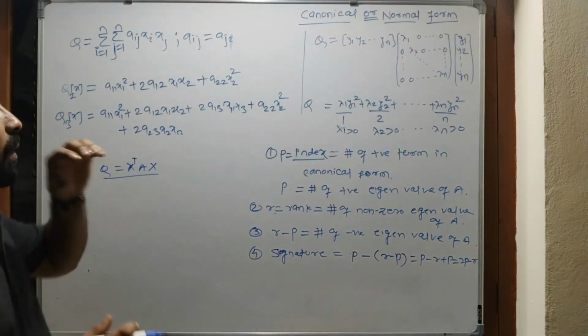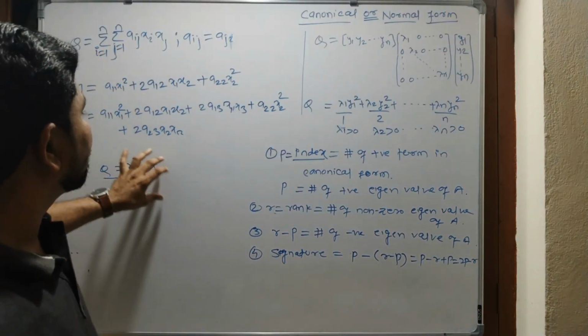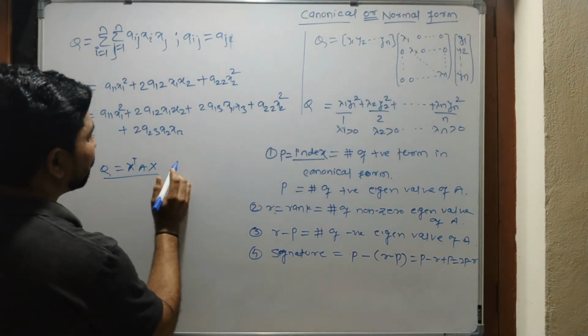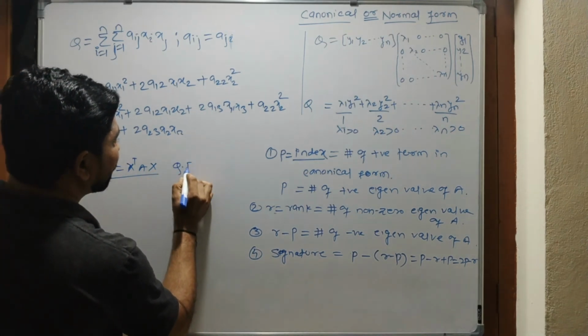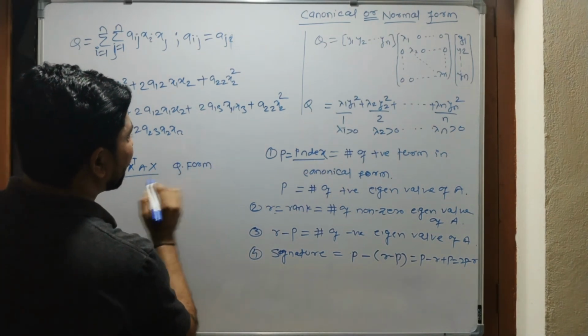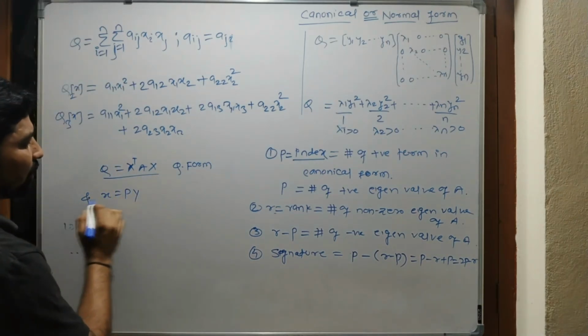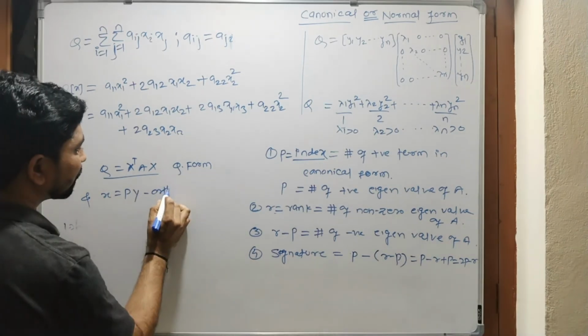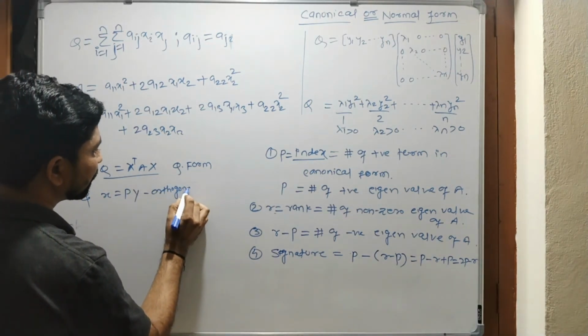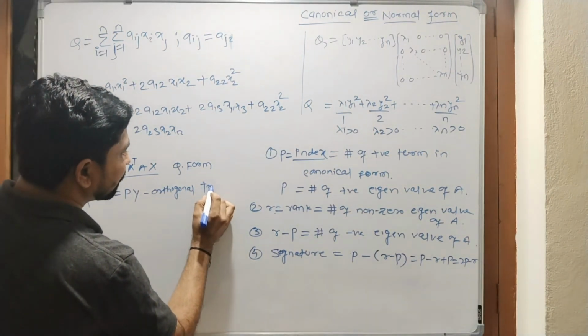Let Q equal to X transpose AX be the quadratic form, and X equal to PY be the orthogonal transformation.